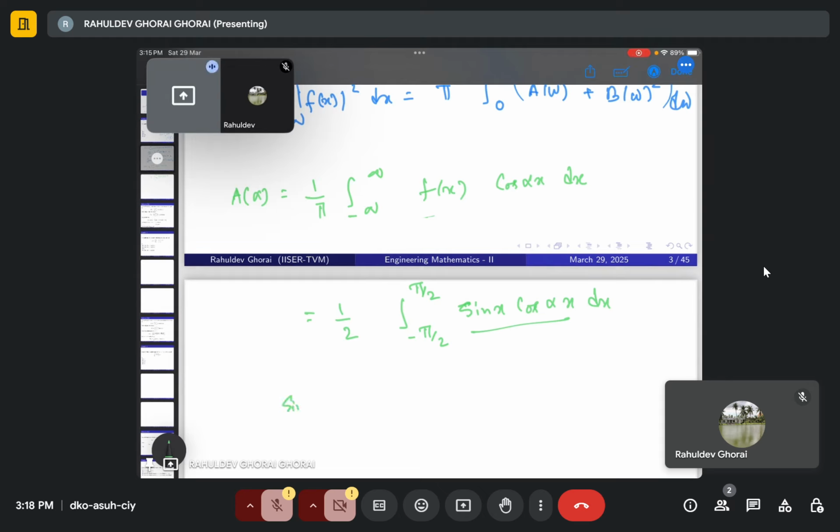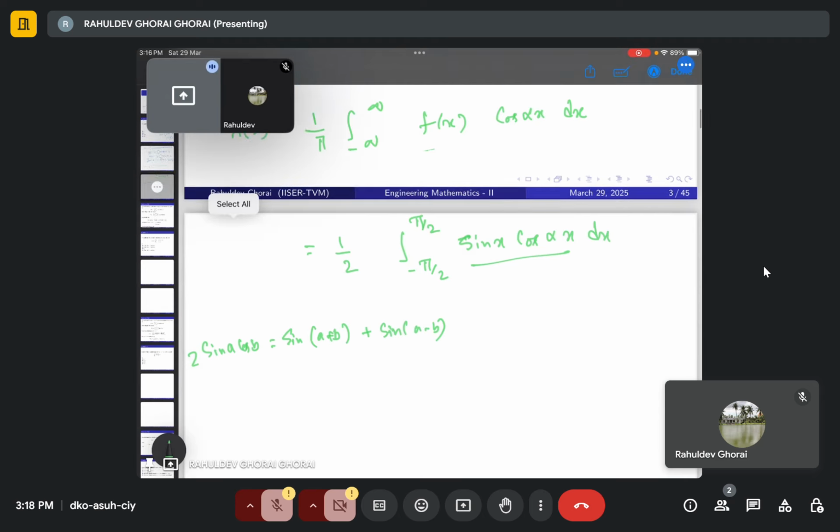Sine a cos b is nothing but this. So if I use this formula, this is the formula, let's keep it.